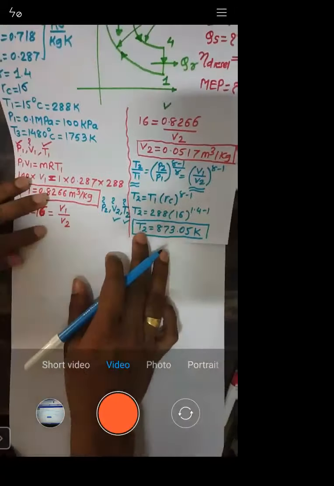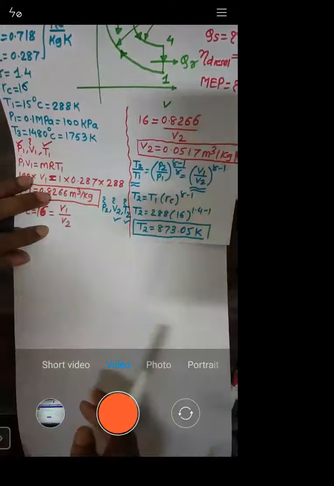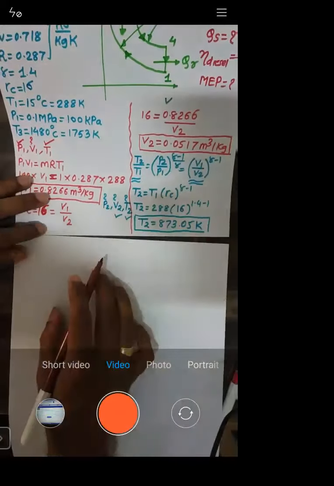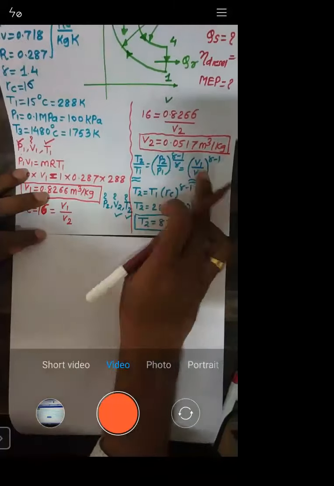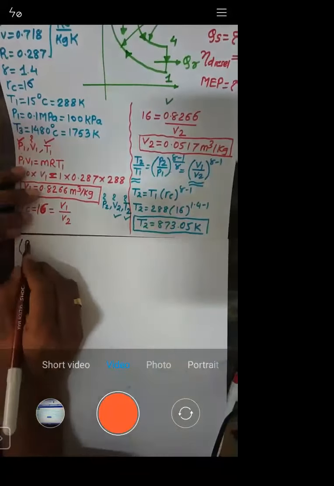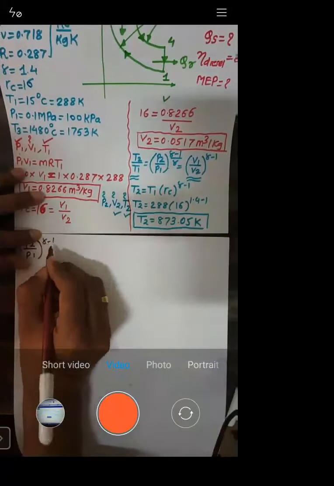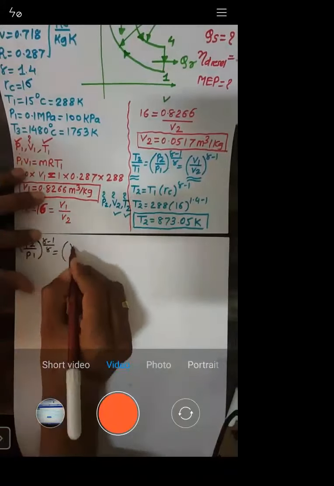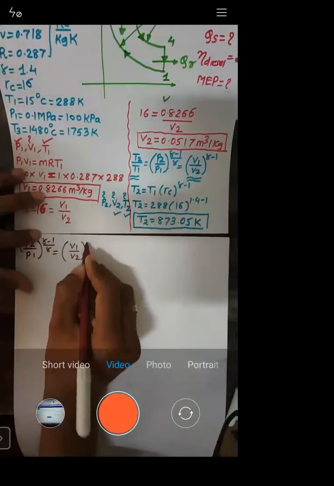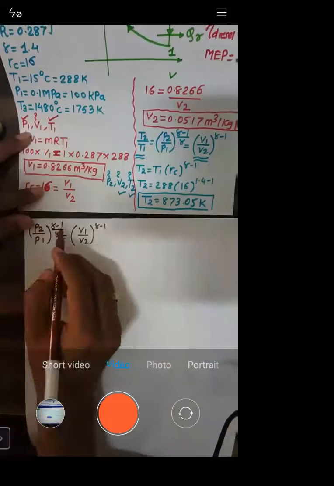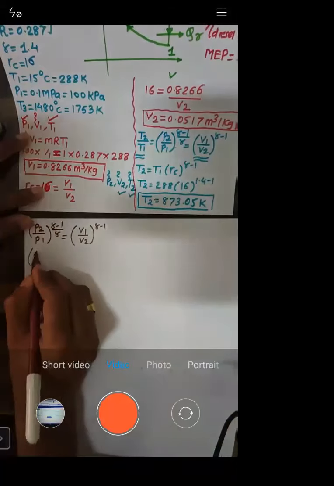See here, all of you. I will equate these two now. Anything you can equate. So when I equate these two, what I'll get? P2 by P1 raised to power gamma minus 1 by gamma is equal to V1 by V2 raised to power gamma minus 1. Now gamma minus 1 gets cancelled.